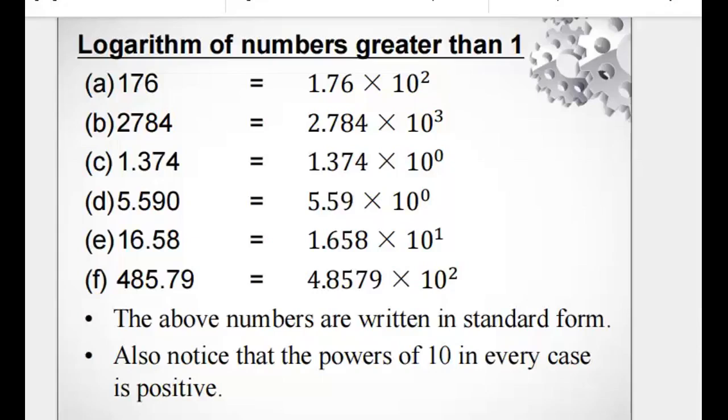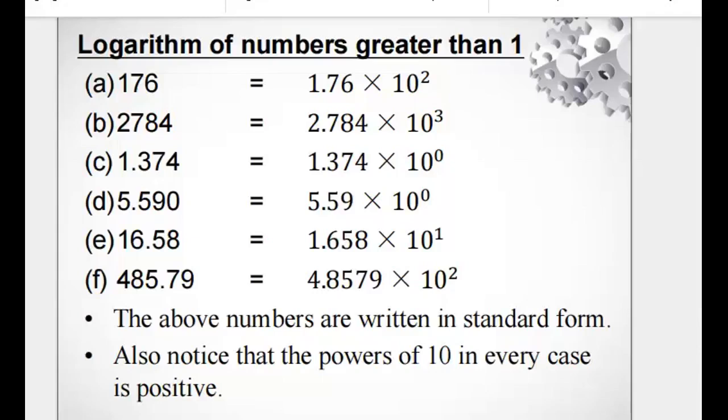As we have learned initially how to convert numbers to standard form, you can see all numbers here are written in standard form. Also notice that the powers of 10 in every case are positive. From letter A to F, the powers of 10 are all positive. Hence, such numbers are referred to as numbers that are greater than 1.